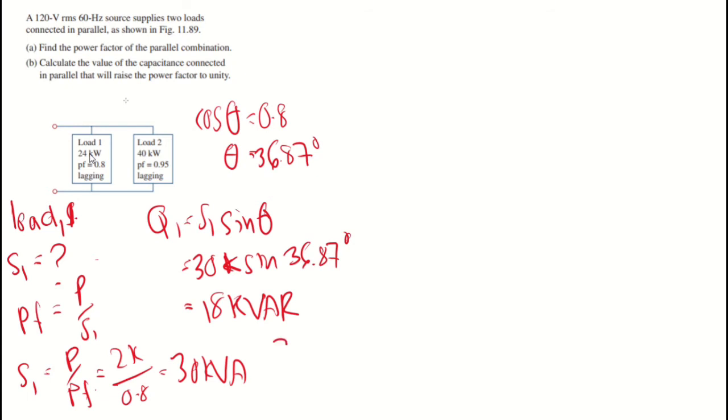Complex power equals P plus jQ, so P is 24k plus jQ, which is 18 kVA.